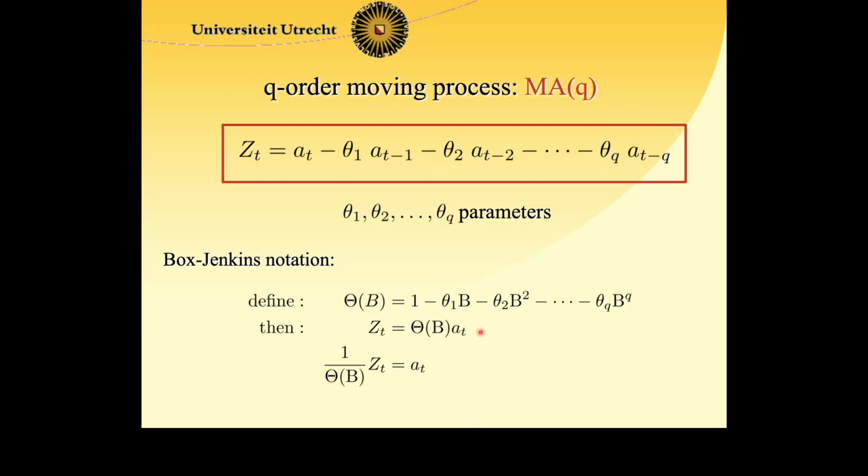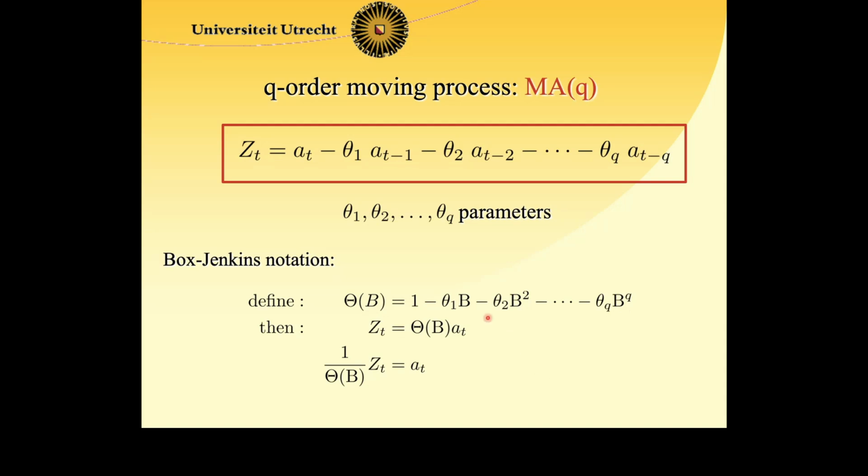And of course, again, we can do it in general of order Q. So this is a moving average process of order Q. And then we can write it in shorthand the same way, but now the polynomial theta as a function of B is a polynomial of B of order Q.